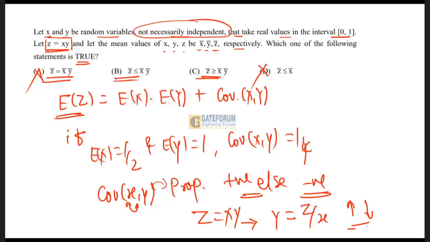So covariance of x and y must be negative. That is just in B: covariance of x and y should be negative, and y should be z by x. So option B is following this. Thus option B is the correct answer for this problem, which was asked for 2 marks. I hope it is clear.